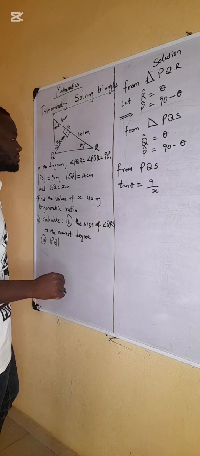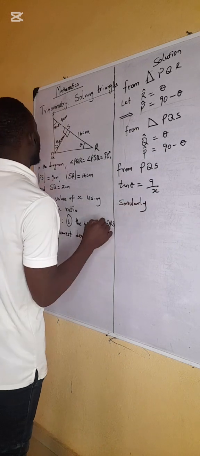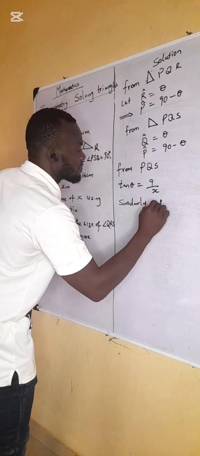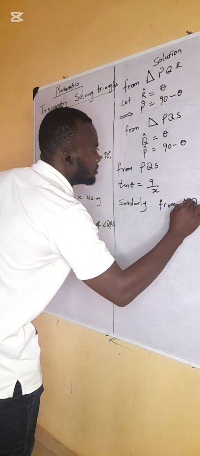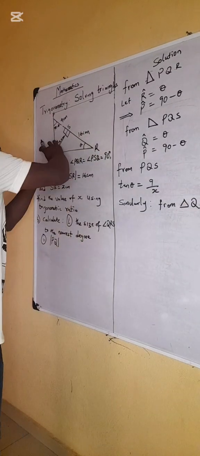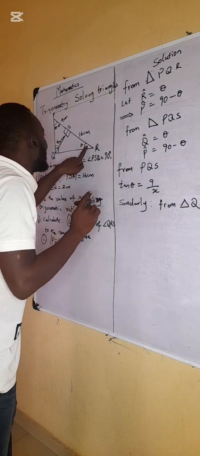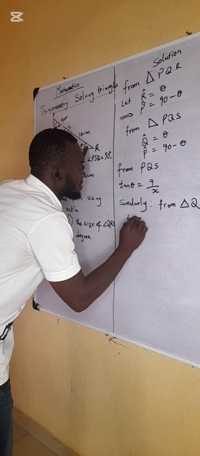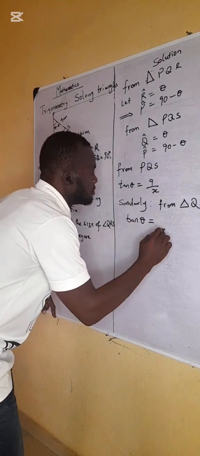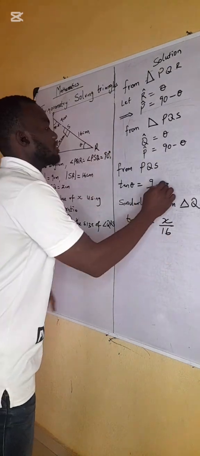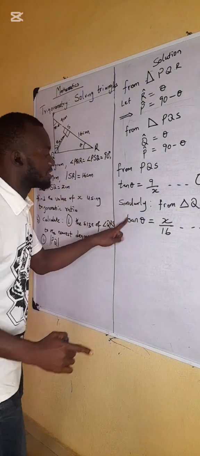Similarly, from triangle QSR, which is also a right angle triangle, the angle here is also theta. So tan theta will be the opposite over the adjacent, which is X over 16. Let's call this equation 1 and this equation 2. Tan theta is equal to this, and tan theta is equal to this.